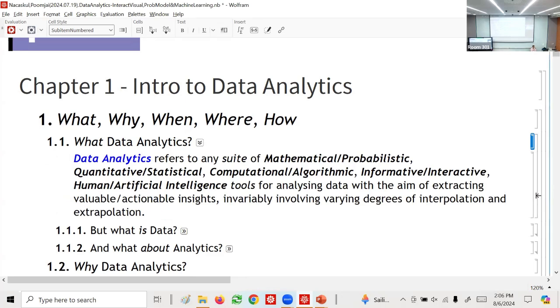So you take all the qualifiers out, it's a suite of tools used to analyze data so that you can extract insight, involving some kind of interpolation, extrapolation. Fine. But what do you mean by data?